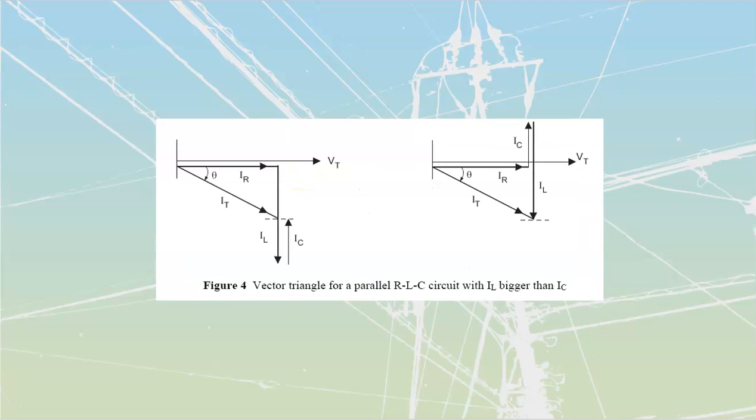If I've got a larger IL, we just see that off of this one. Almost the exact same, just go in the opposite direction. We do our resistive current, we do our inductive current, we come back on our capacitive current, and then that all together gets us our net value of current. Over here, they're just doing an opposite order addition, tip to tail, but coming out to the exact same result.